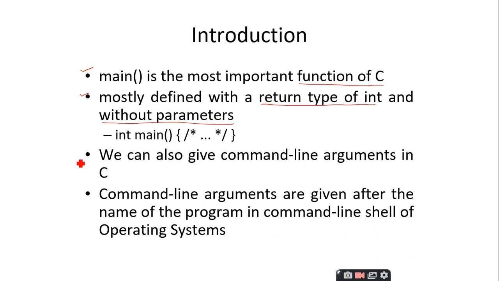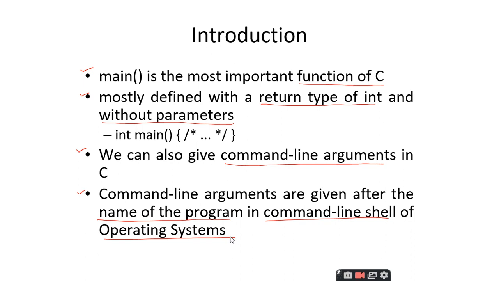But whenever you want to go for the concept of command line arguments in C, you need to pass some arguments to the main function from the command line. Command line arguments are given after the name of the program in the command line shell or command prompt, whatever it may be, and this command prompt belongs to the operating system.